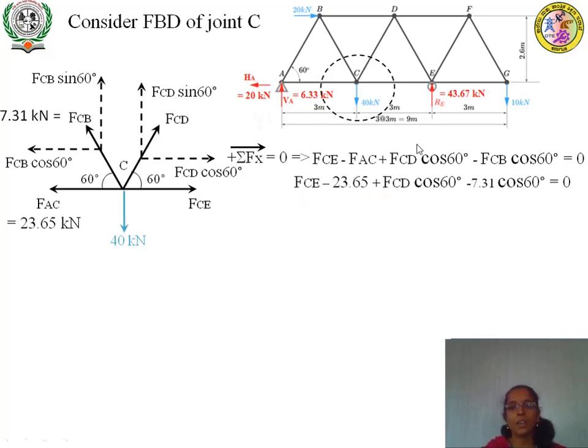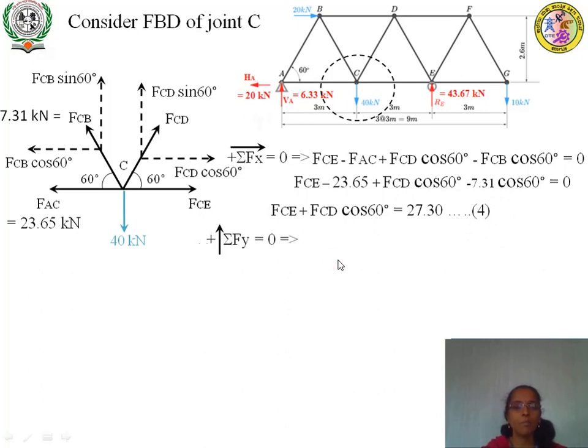AC is minus 23.65 and then CB is 7.31. So FCE minus 23.65 plus FCD cos 60 minus 7.31 cos 60, that is equal to 0. So if you simplify it, FCE plus FCD cos 60 is equal to 27.3 kilonewton. You can take it as equation 4.